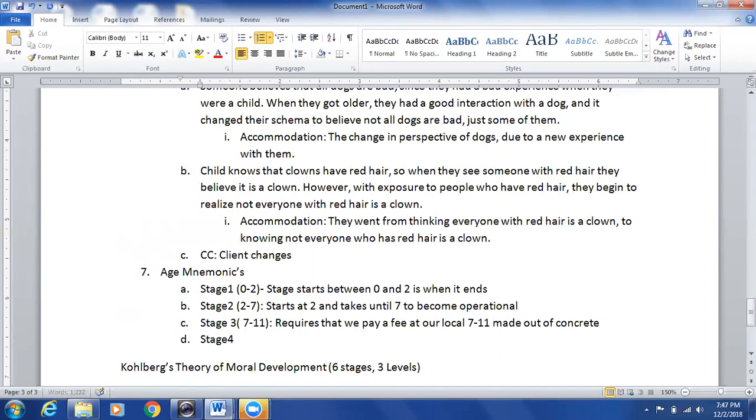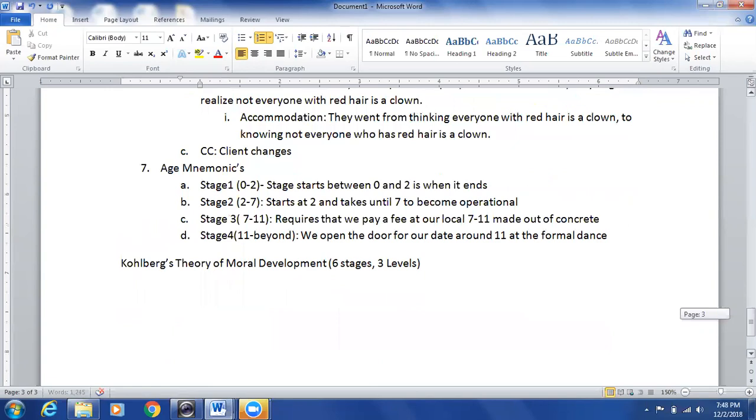And then stage 4, the formal stage, which is 11 and beyond. So the little ditty here: we open the door for our date around 11 at the formal dance. Bingo. All right, so that's the age mnemonic, because formal operational, concrete operational.